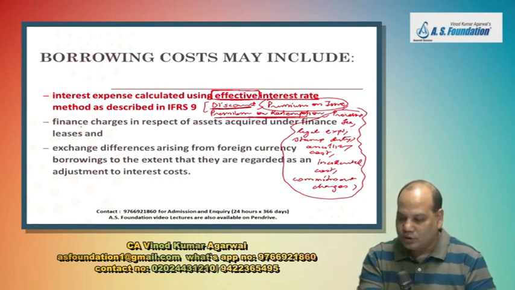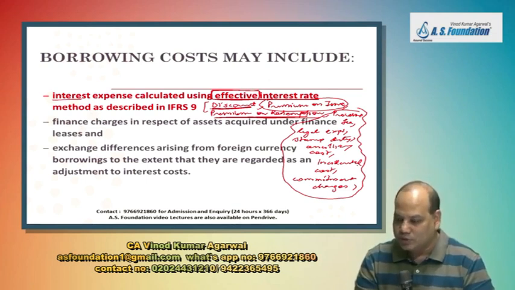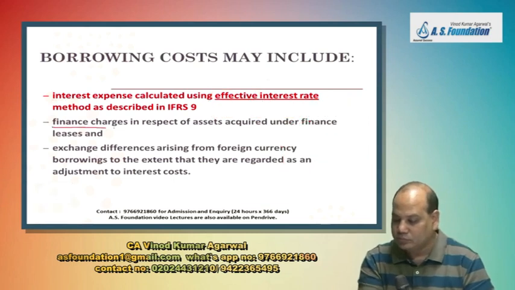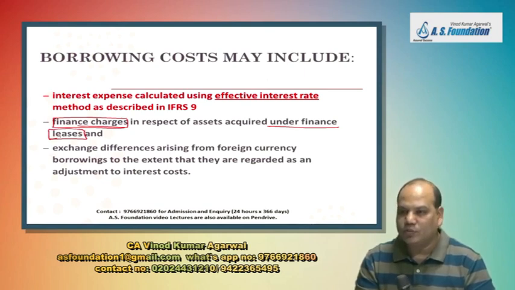Okay. So first is interest, which will include all the other ancillary incidental costs associated with borrowing. Next is finance charge. Finance charge in respect of asset acquired under finance lease. Actually, finance charge is also a form of interest only.